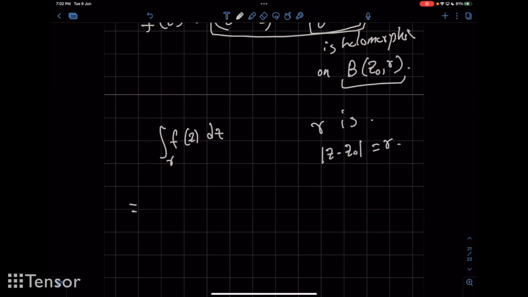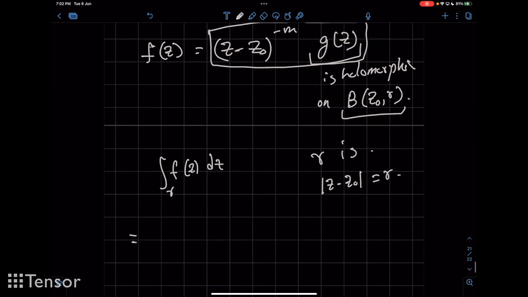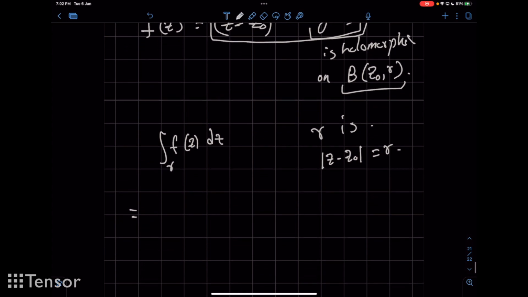Since f has a pole, we can form a Laurent series around z0. That is the summation of Cn (z - z0)^n, where n runs from -m to infinity.